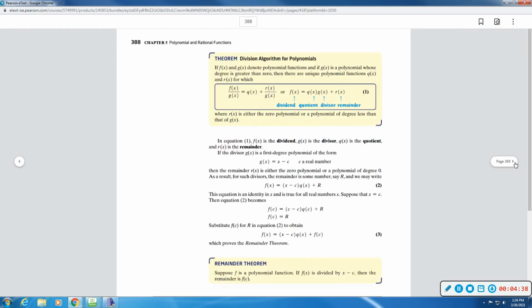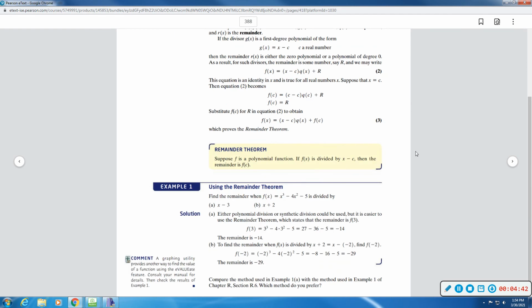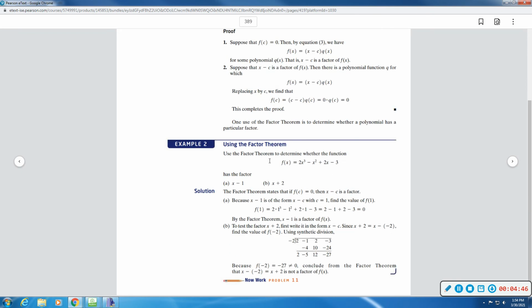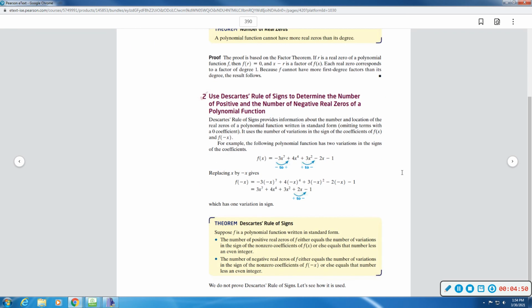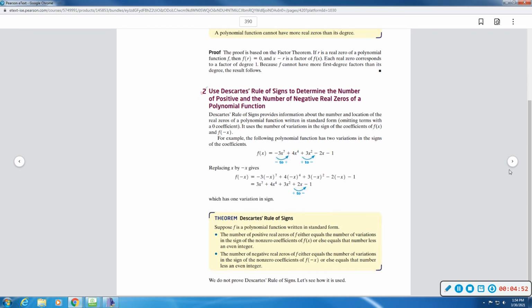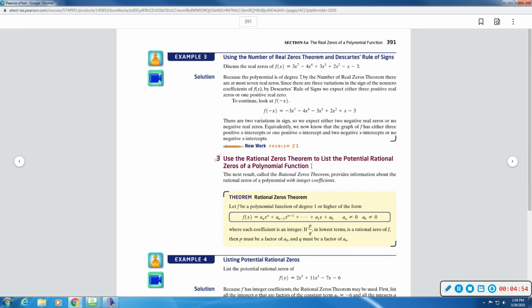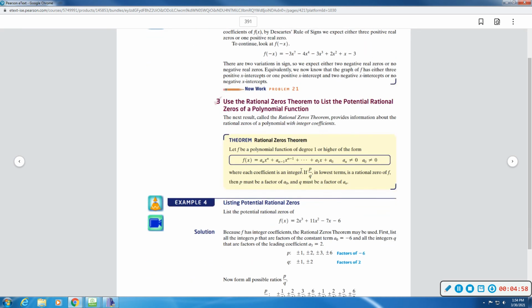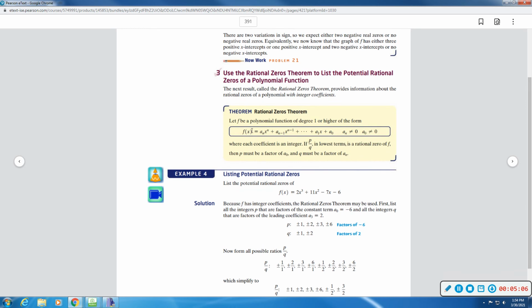Let's find, so this is the remainder theorem that we've been going over. Zero factor theorem. It's the rule of signs. Okay, rational zero theorem, here we go. So they have P over Q, but they don't label it as P and Q here.